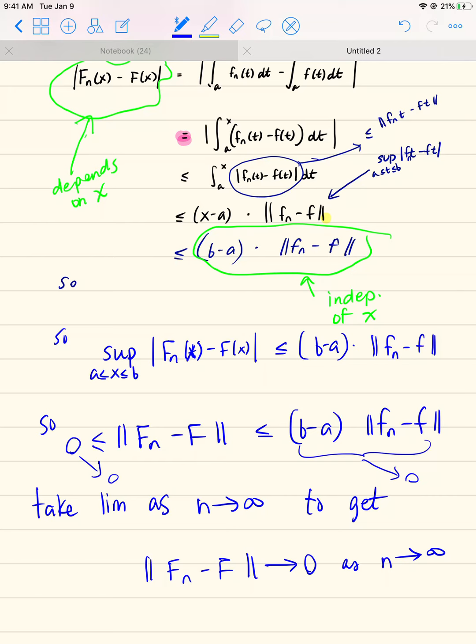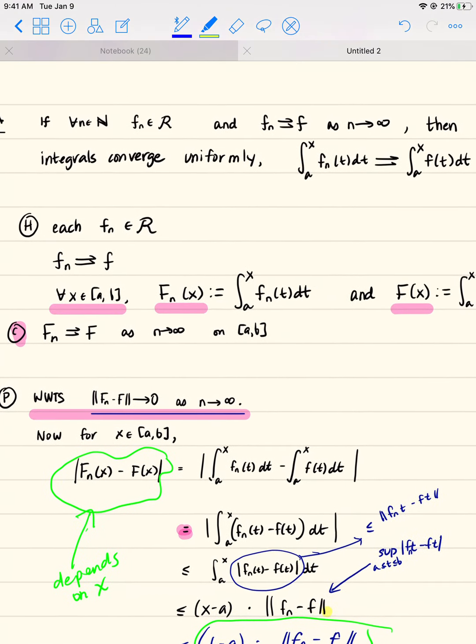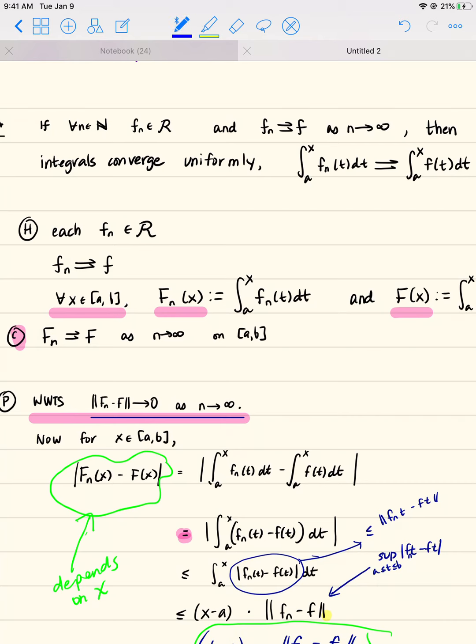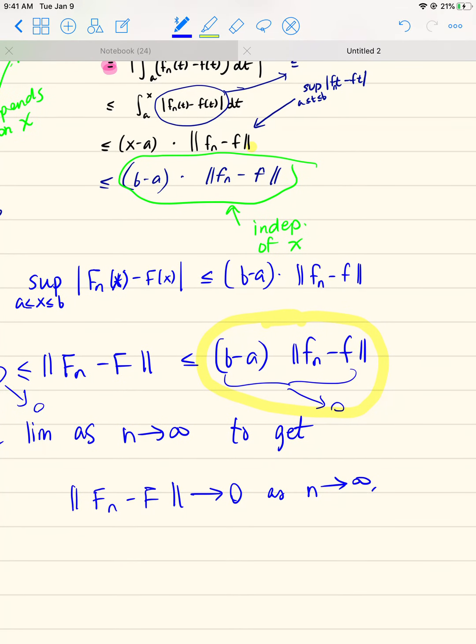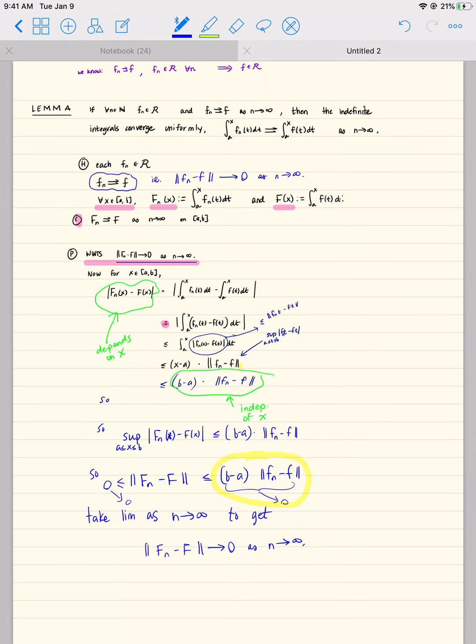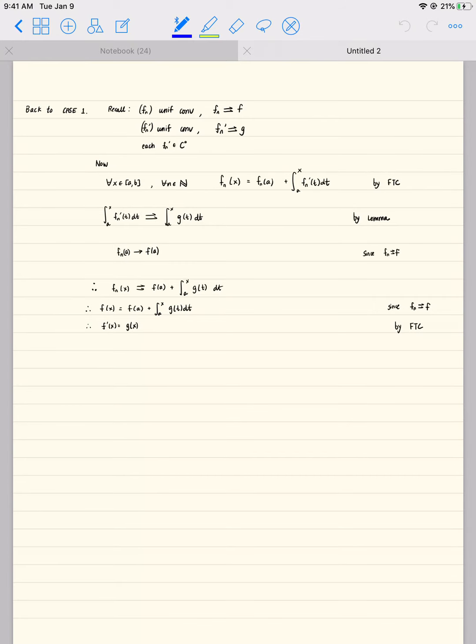Now, why does this expression over here tend to 0? That's the question. And the answer is, in our hypothesis, we assume that the fn's converge uniformly. So another way to write this is the sup norm goes to 0 as n goes to infinity. Okay. All right, so we are done with our lemma, and we can confidently move back to case 1.